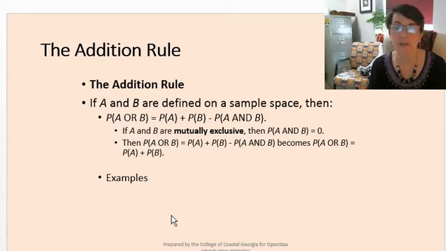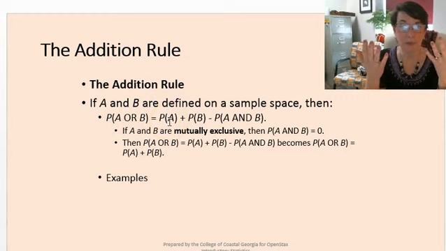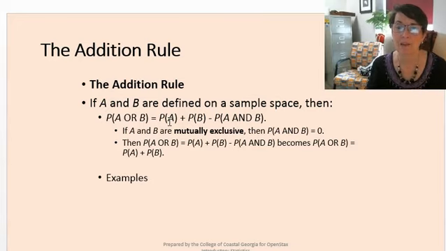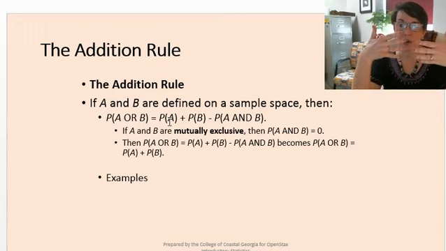If A and B are defined on a sample space, then the probability of A or B is the same thing as the probability of A happening plus the probability of B happening, but I have to subtract out that overlap. There was an example given in a former textbook of families that went to Disney and Busch Gardens, and those that went to both.